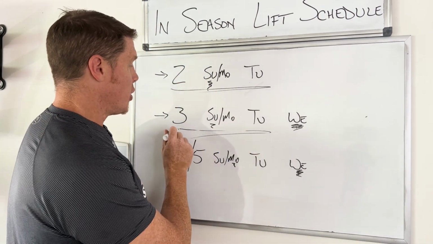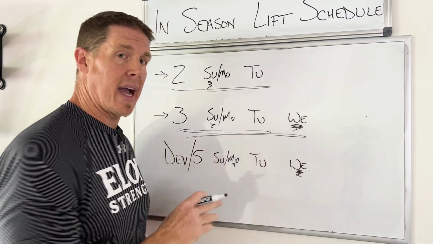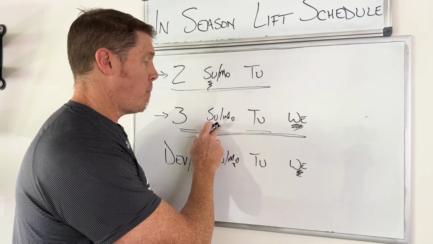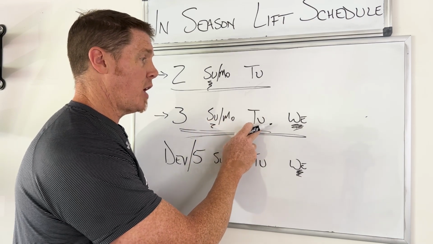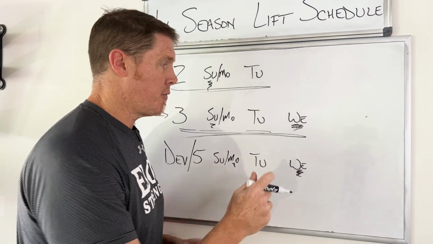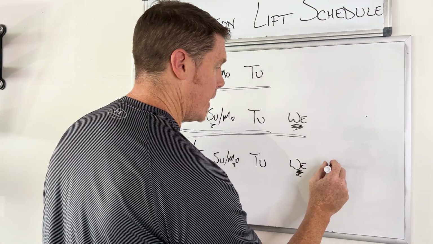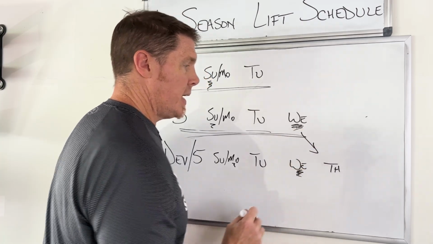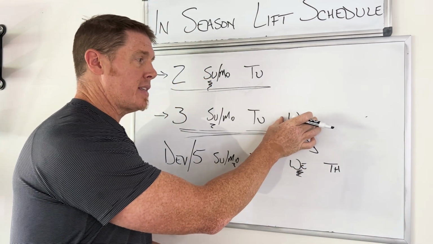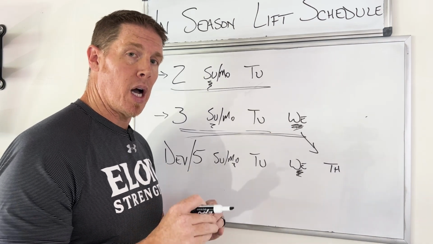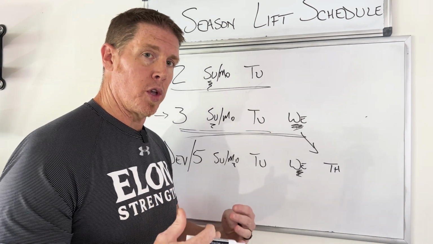So now your 3-day guys, they're done. You've got your first day lift, lower body, pull, squats, your second day lift, upper body, and then your Olympic base, your Olympic dominant lift on that third day. So now your developmental guys on Thursday, they're going to hit basically this third day lift that is very Olympic lift heavy, but we're also going to add a little more volume to those guys.